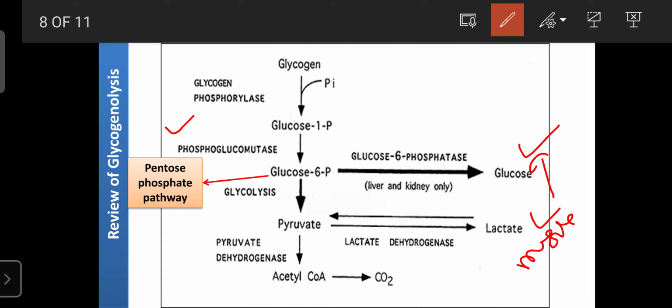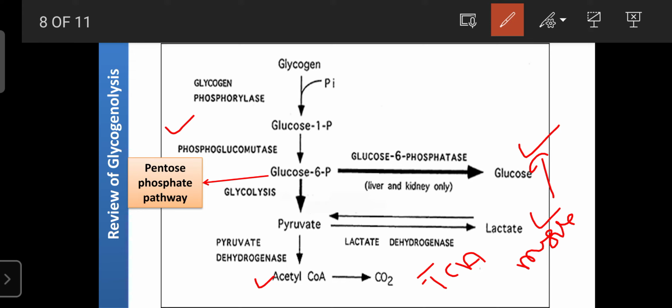And this pyruvate can enter into the matrix of the mitochondria, where in the presence of the pyruvate dehydrogenase enzyme it forms acetyl CoA. Then acetyl CoA enters the TCA cycle or citric acid cycle, which forms carbon dioxide and water. Like that the glucose can be regulated.